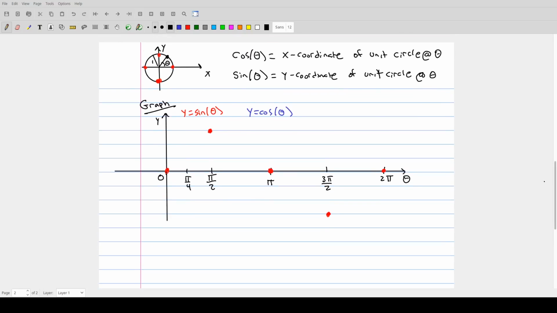Well, pi over 4 is 45 degrees, so it's about this angle right here. This angle right here corresponds to pi over 4.